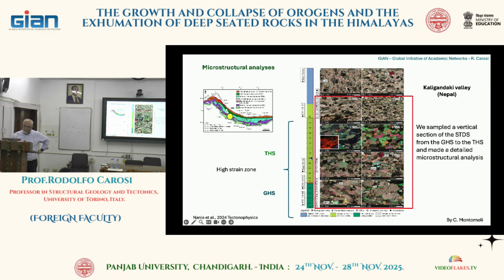So the South Tibetan detachment affects both the bottom of the Tibetan rocks and the top of the Greater Himalayan rocks. The problem that you can see here is that there is marble, marble, marble, marble. You have marble of the Greater Himalayan sequence and marble of the Tibetan rocks. So it is very difficult to detect the deformation and the sense of shear.